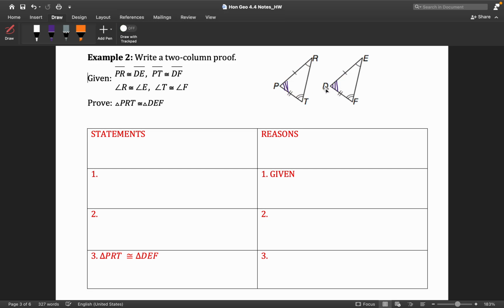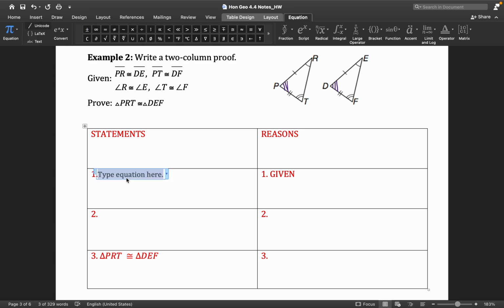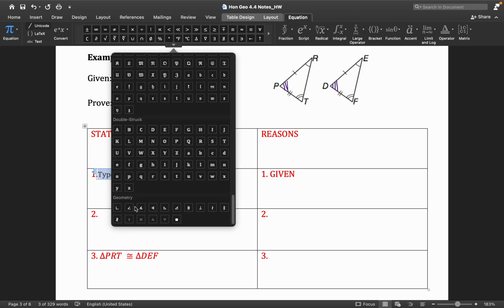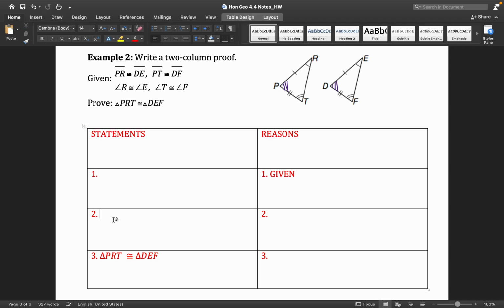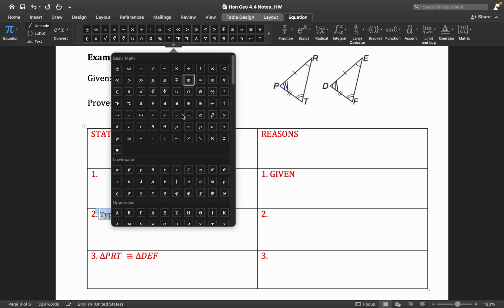All I need is this third pair of angles, angle P and angle D. So what I can do is, if I already have two angle pairs, and all I need is angle P and angle D, well, I know that if I already have two angles, then I get that third pair of angles for free by the third angles theorem.